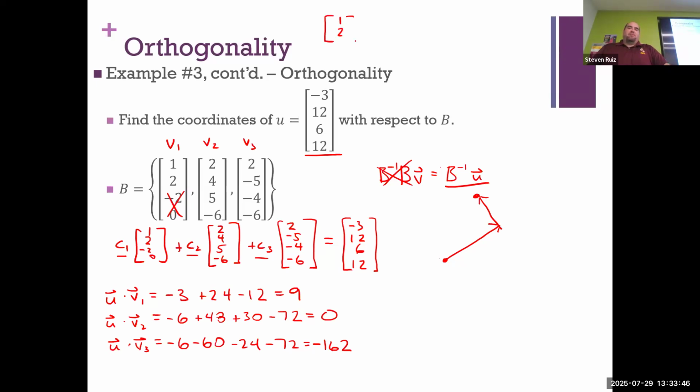Let's say I have the vector 1, 2. I could write that as going to the right 1 and up 2. So this is the vector 1, 2, and I want to find exactly how long that is. From the beginning to the end, how could I find that magnitude?